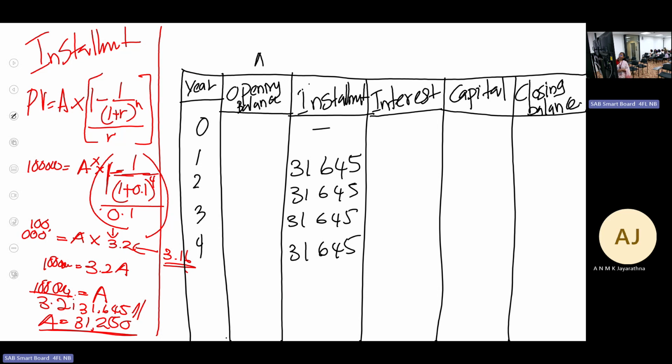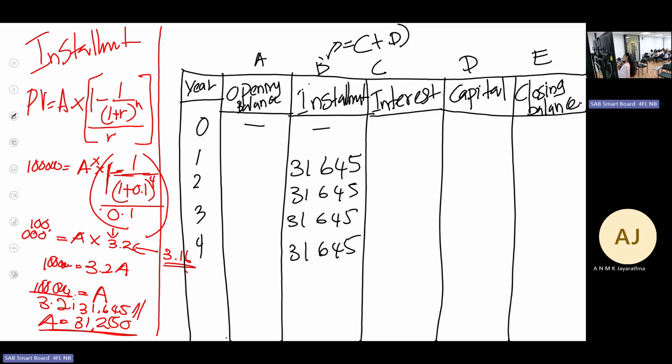We'll name column A, column B, column C, column D and column E. B can be calculated by adding C plus D. That means interest plus capital amount is equal to the installment. Okay, we'll go to the calculations.